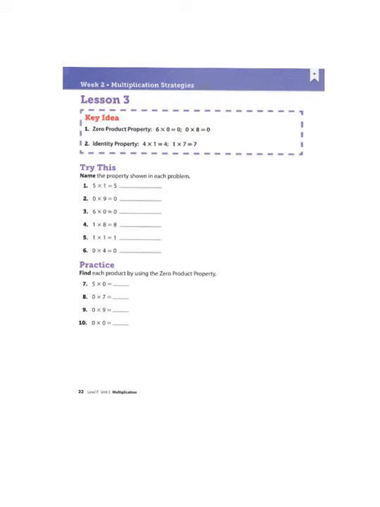So number 1 is 5 times 1 equals 5. And I know when it's multiplied by 1, that is going to be the identity property. Okay, and I'm going to put number 1 right there because I know it's hard to write in that small space. Number 2, 0 times 9 is 0.